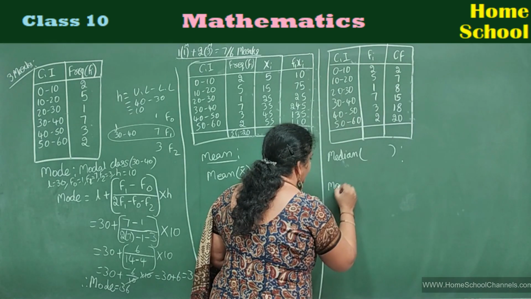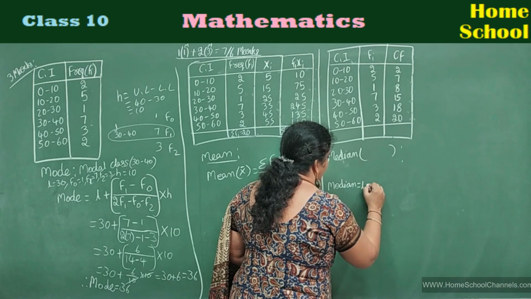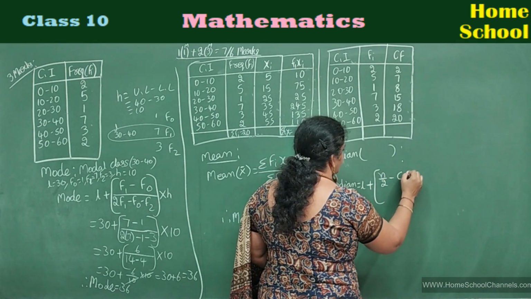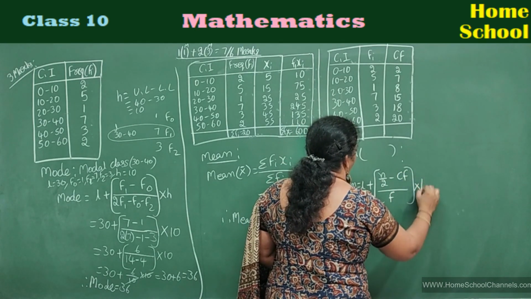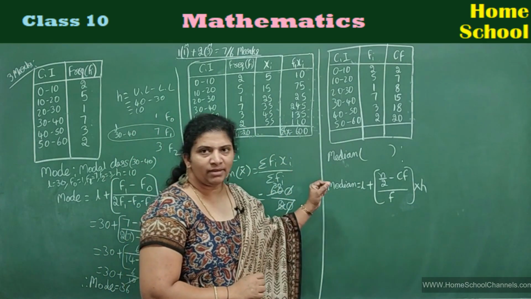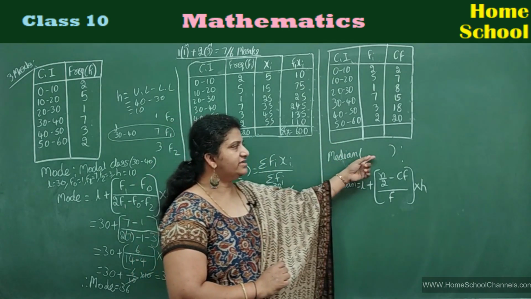Median. What is the median formula? Median is equal to L plus N by 2 minus CF by F into H. Why this bracket?